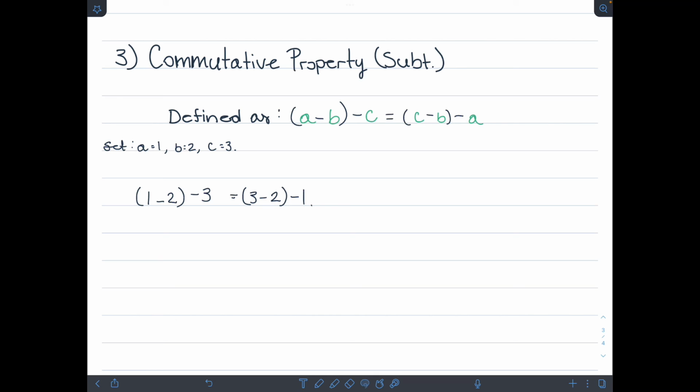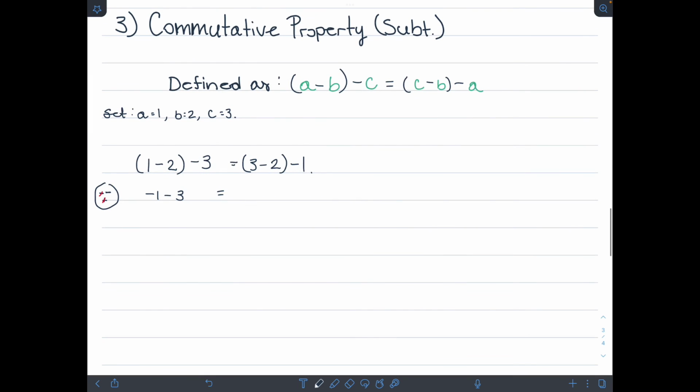Let's work it out. 1 minus 2, well, that's just negative 1, remember? We have 2 negative charges and 1 positive. These neutralize, and we're left with just one negative charge. Minus 3 equals negative 4. 3 minus 2, that's just 1, minus 1.